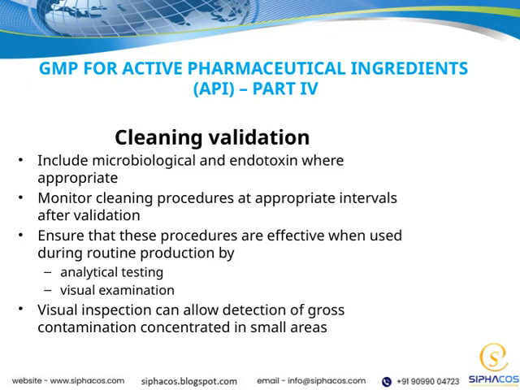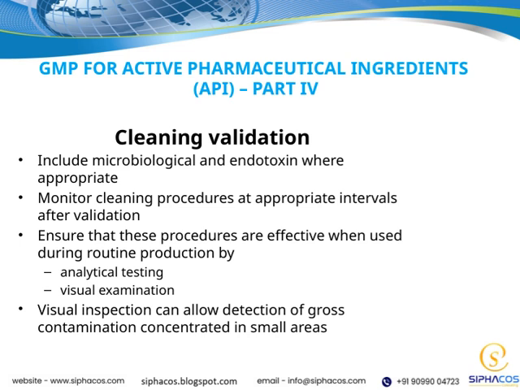Let's now discuss cleaning validation, which is a crucial part of maintaining quality in pharmaceutical manufacturing. When we talk about cleaning validation, it's important to include microbiological and endotoxin testing where appropriate. This helps us ensure that no harmful residual contamination remains after cleaning. It's also essential to monitor cleaning procedures at suitable intervals after they've been validated.